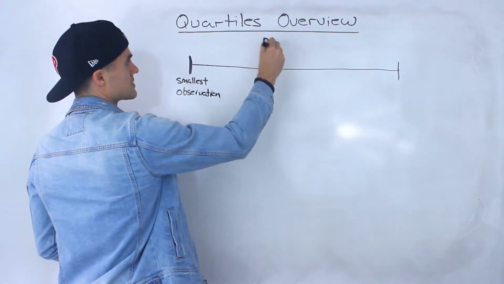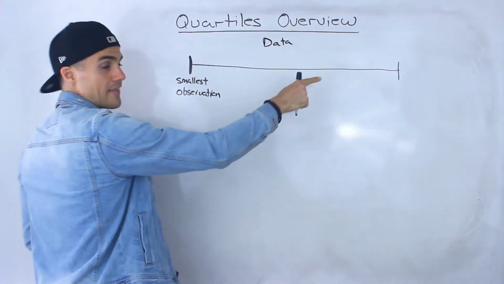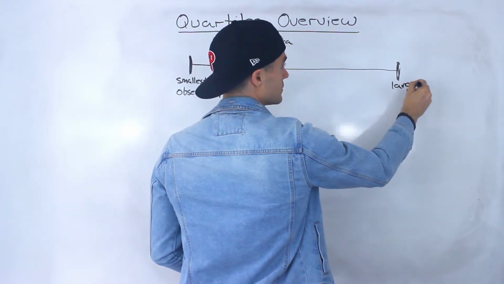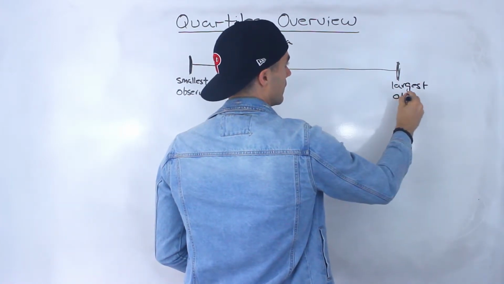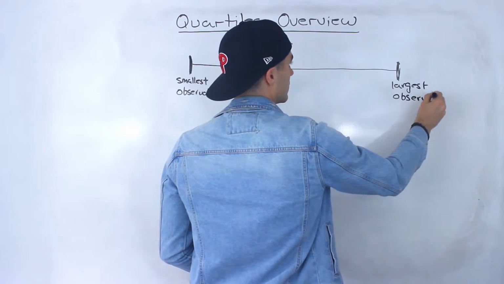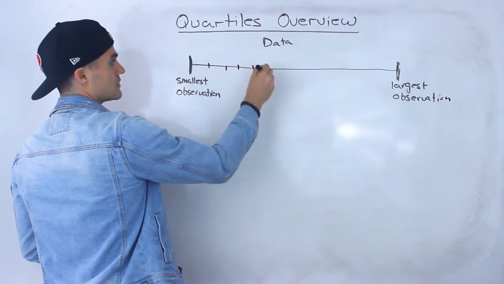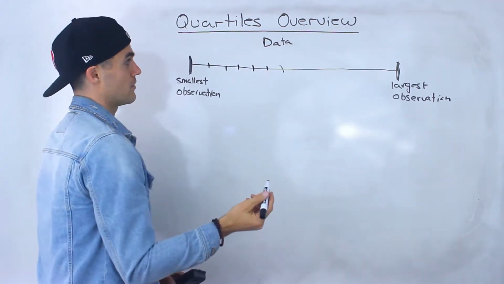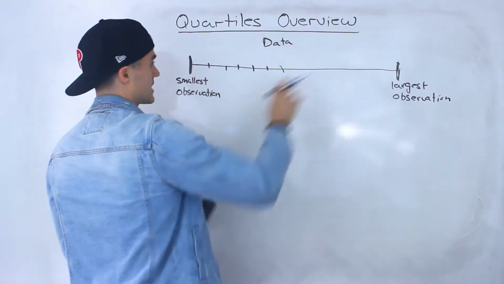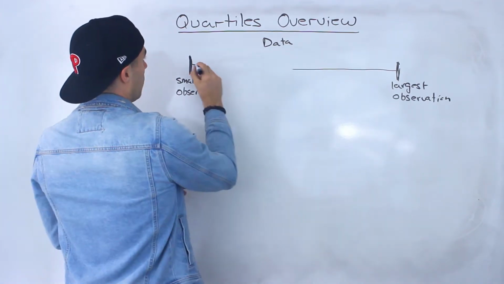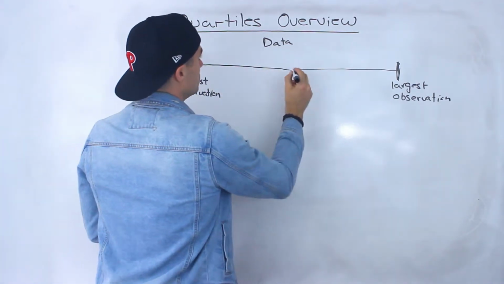Okay, so remember this is a set of data here. And then this line at the end here represents the largest observation. And then we're going to have a bunch of data in the middle. So pretend that this is in order from smallest to largest.